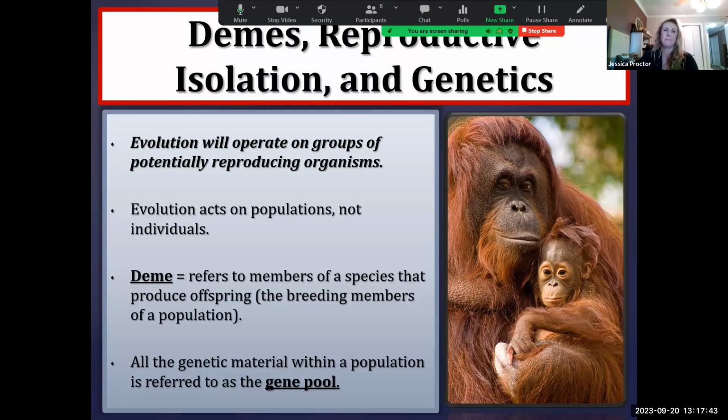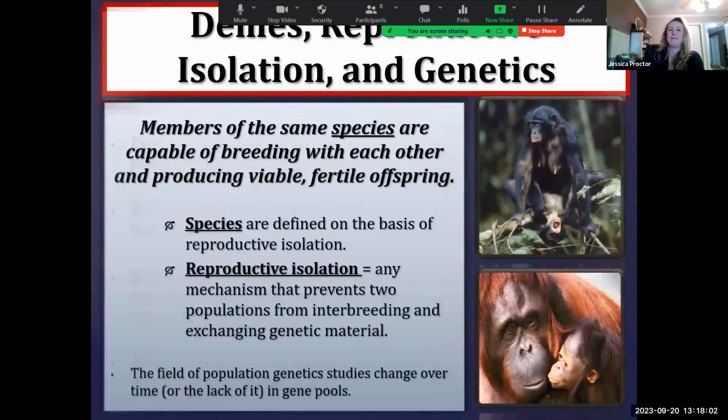But a gene pool would be everyone in that breeding population. So if everyone here in this classroom today is a breeding population, then it would be all 10 of us multiplied by 46. All of those genes, all of those chromosomes would constitute a gene pool if we were a hypothetical breeding population.